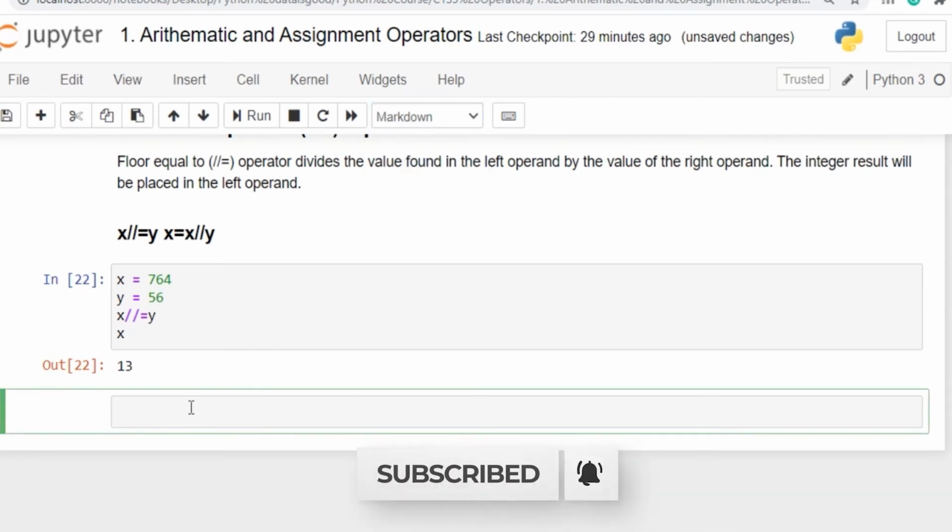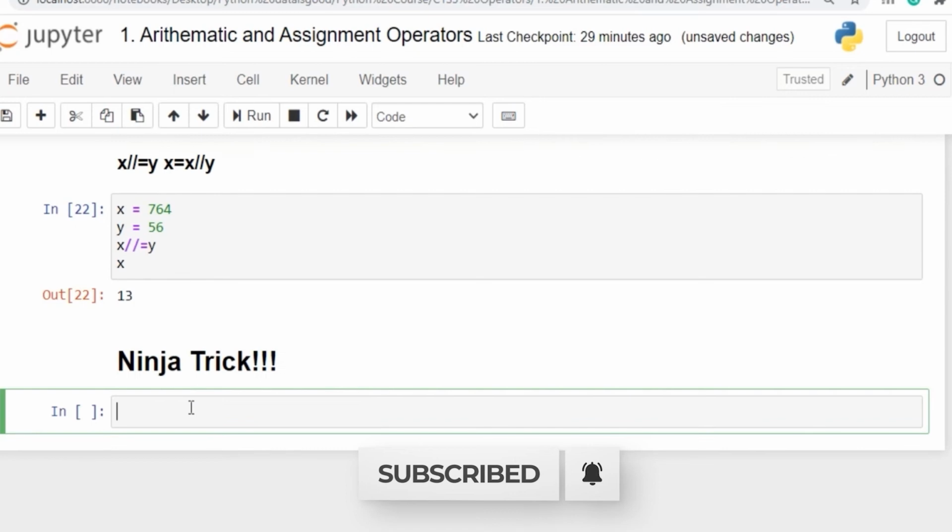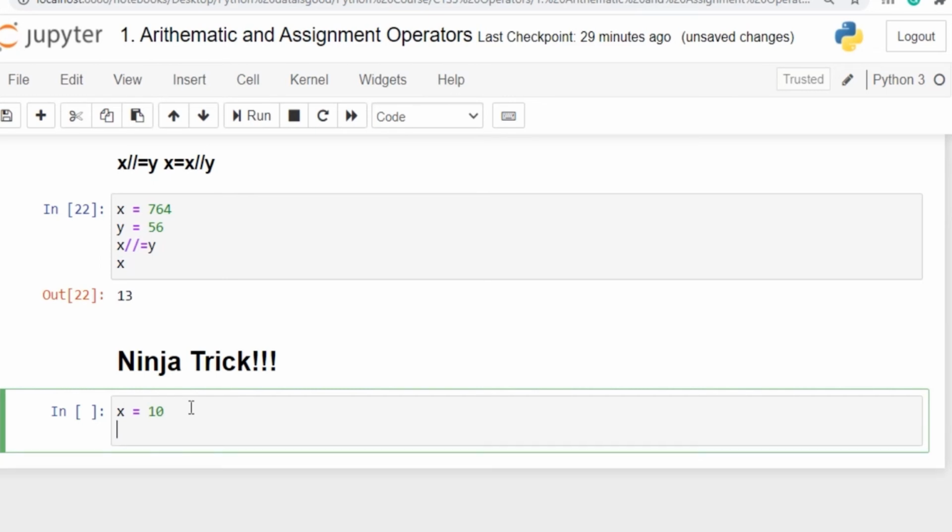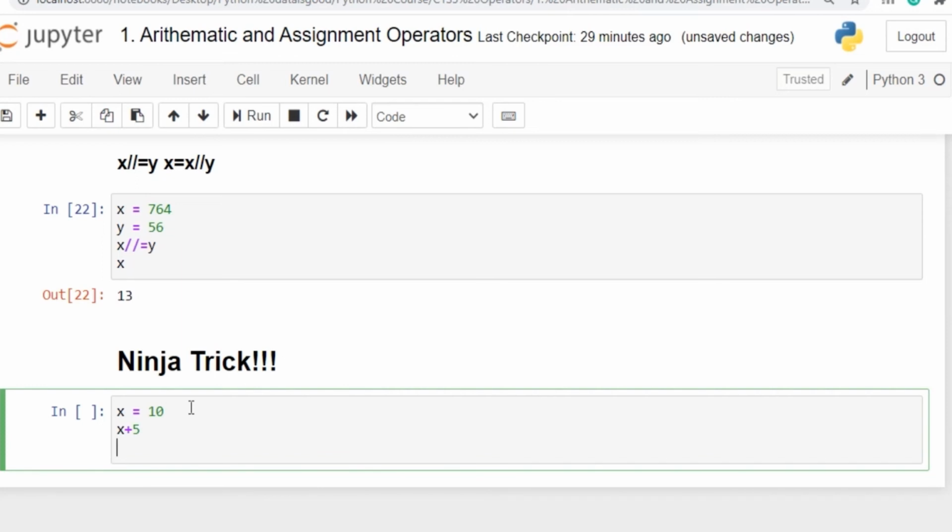And now it's time for a really cool ninja trick. So let us suppose we have a variable called x and we have assigned a value of 10 to x. X is equal to 10. Now let us add 5 to this variable. X plus 5. Let us try to print the output after the addition. Print x. So any guesses about the answer?